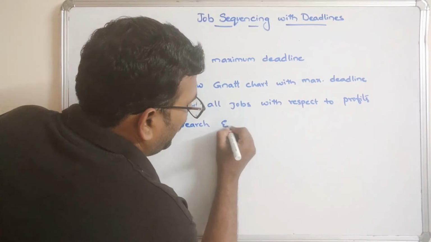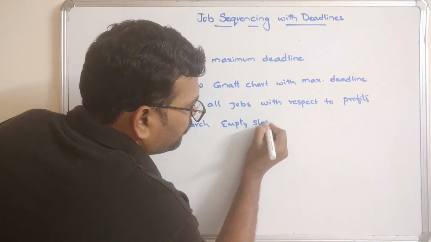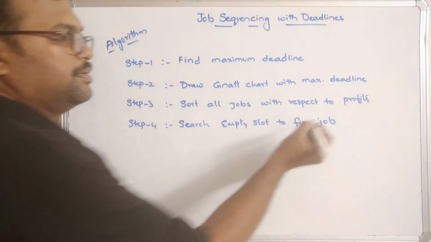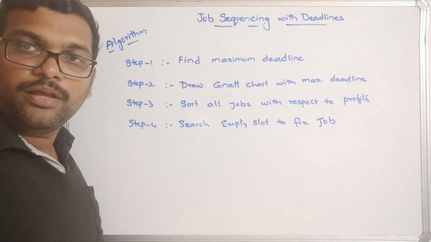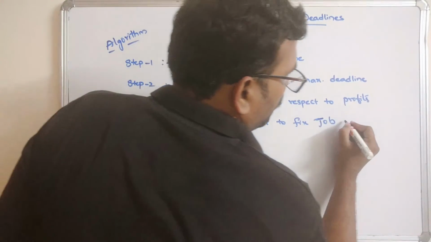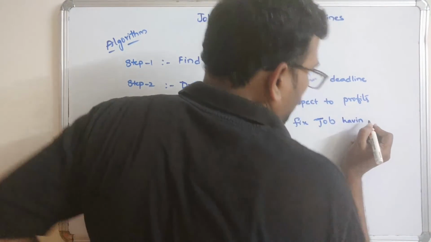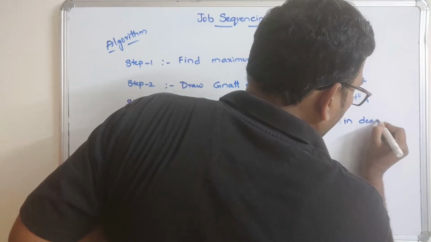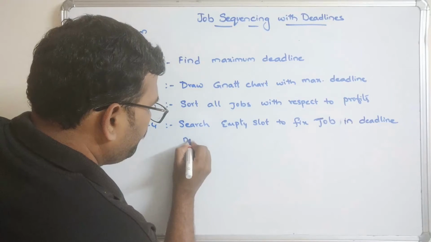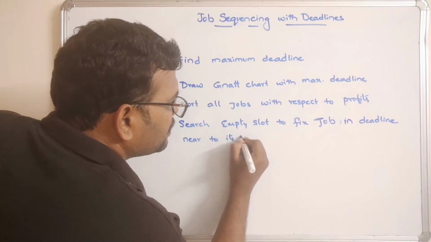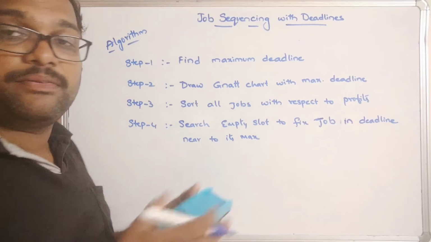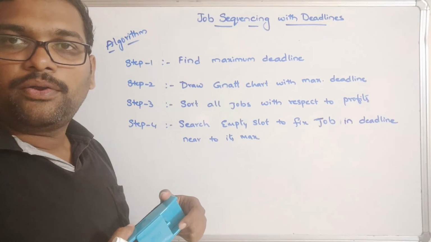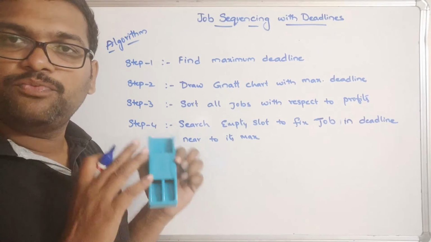Search empty slot to fix job, in a deadline near to its maximum. So this is the process we are going to do, right, for solving the job sequencing with deadlines.